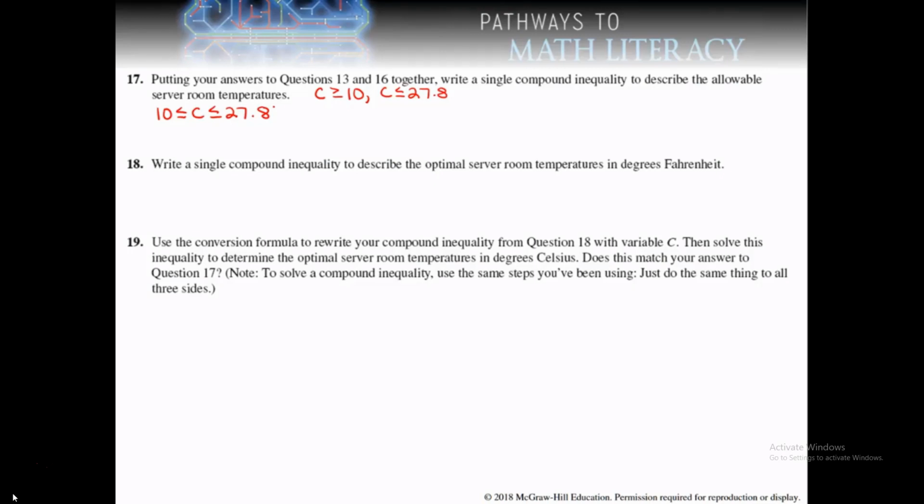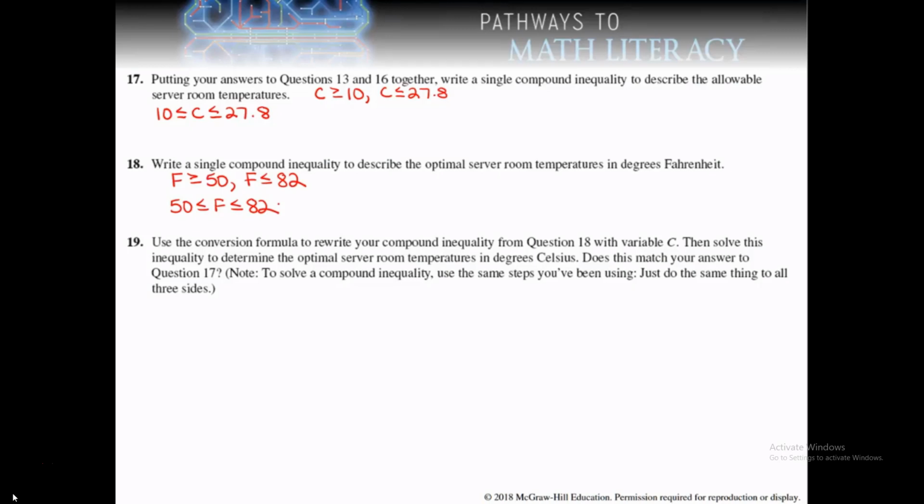Well, remember that in Fahrenheit, we had that the Fahrenheit temperature needed to be kept greater than or equal to 50, and it also needed to be kept less than or equal to 82. So putting those together in a single compound inequality, we'd have 50 less than or equal to F less than or equal to 82.